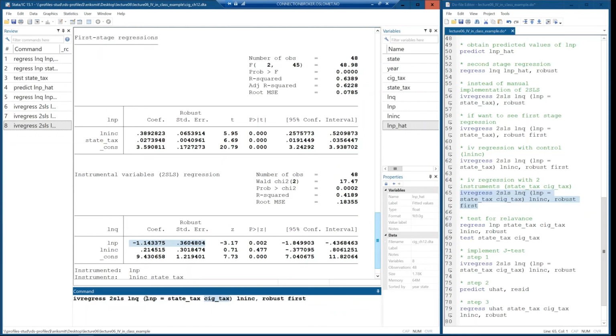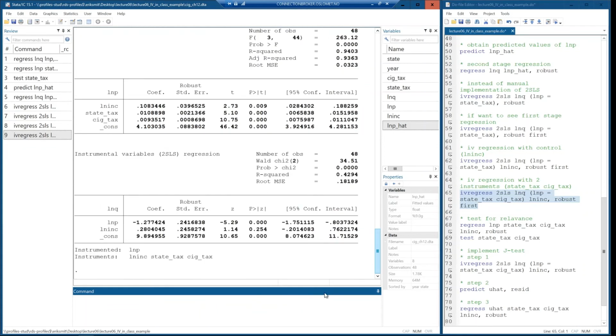So the way to add an extra instrument is just to add the instrument in the first stage regression here in the parentheses. And remember that the exogenous variables or the control variables will still be included in the first stage regression.